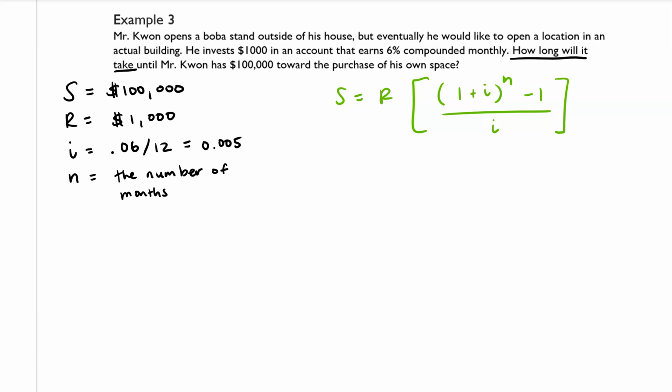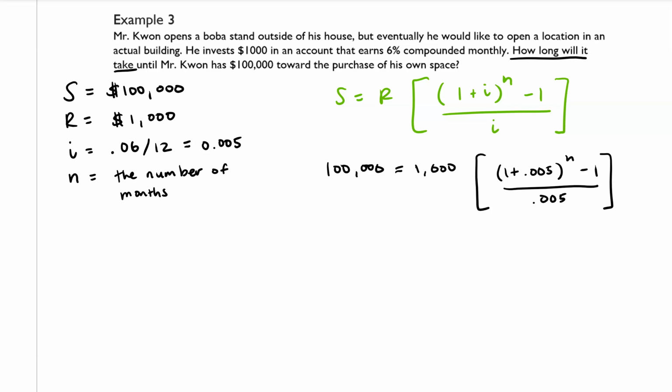So we can go ahead and plug in those values now. We have 100,000 is equal to 1,000 times 1 plus 0.005 to the nth power minus 1 all over 0.005. If you divide 1,000 by 0.005, that number happens to be 200,000.